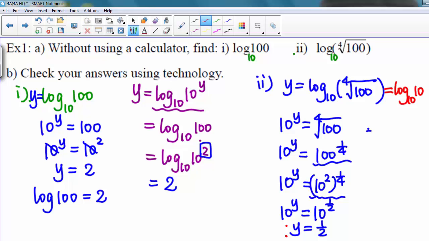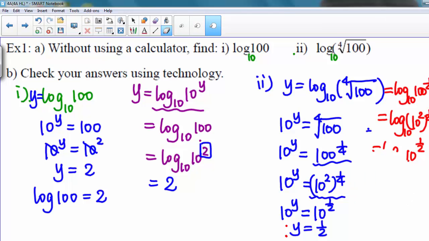This one actually is 100 to the power 1/4. Then I change 100 to 10 squared and then raised to 1/4. Based on the exponent laws, I multiply the exponents. So 2 times 1/4 is 1/2. So log base 10 of 10 to the power 1/2 is, oh sorry, it should be 1/2.